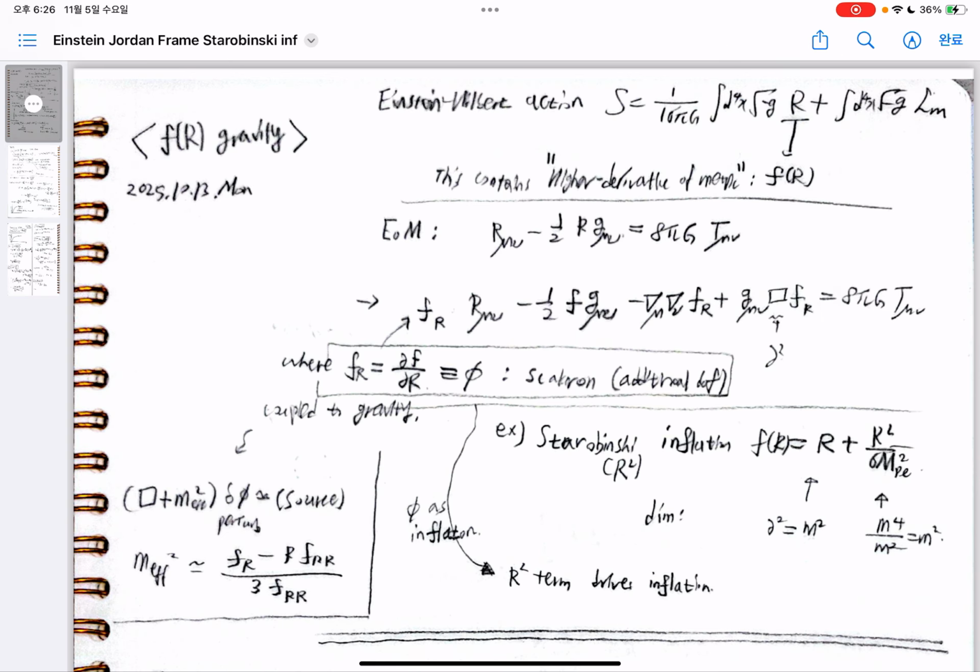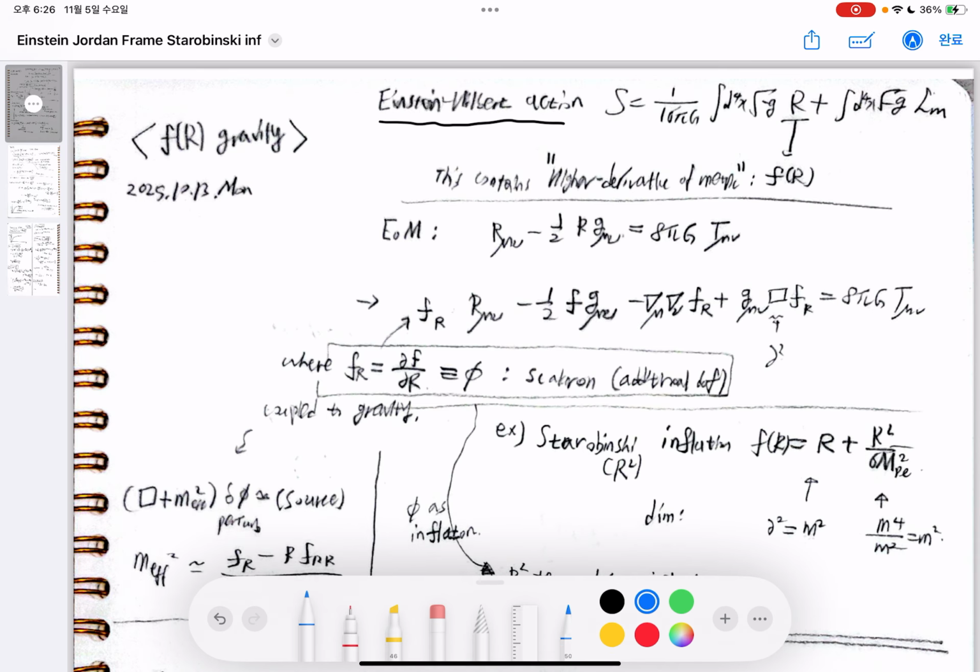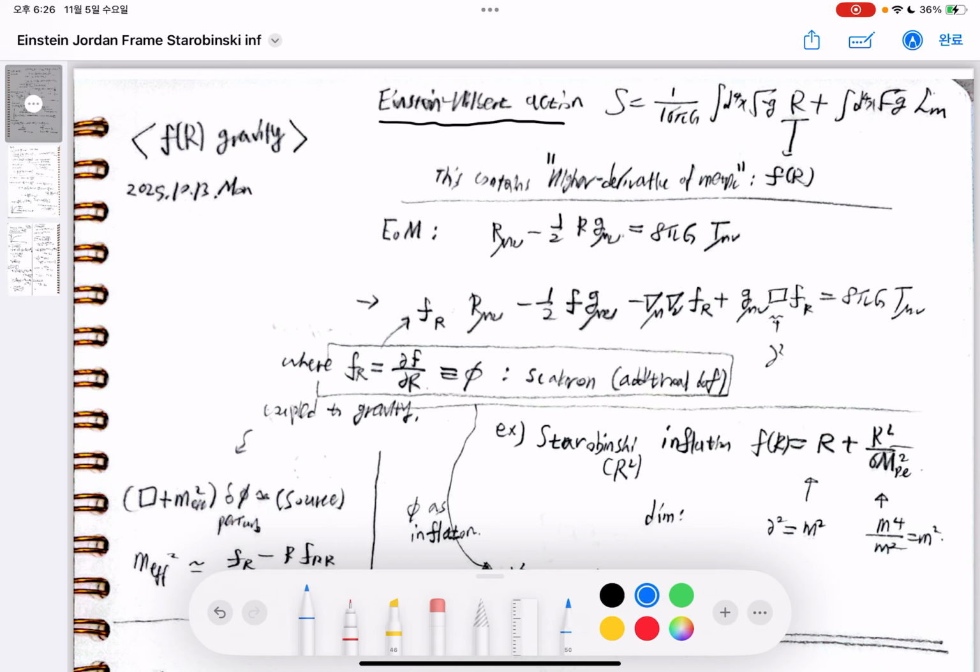General relativity can be written by the Einstein-Hilbert action, but we can generalize this action with additional higher-order terms. The Einstein-Hilbert action is given by the Riemann curvature term R, and the energy-momentum tensor comes from the matter Lagrangian.